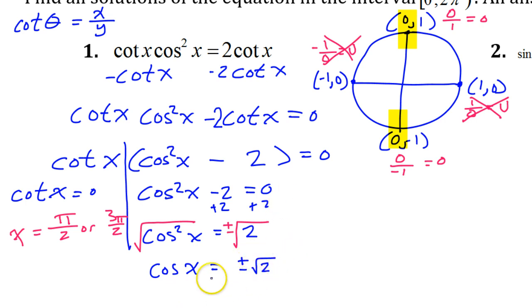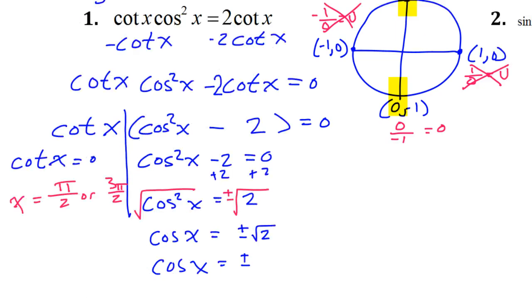Now, what is the square root of 2 as a decimal? I just put the square root of 2 in my calculator, and I'm getting 1.414, etc. All right, so cosine x would be approximately equal to this. So what angle is going to give us a cosine of 1.4 something or negative 1.4 something?